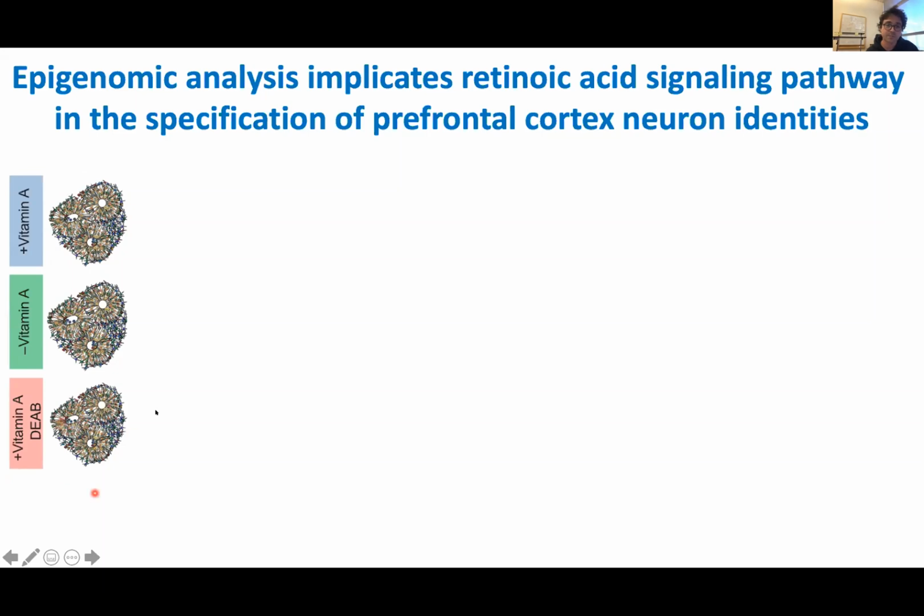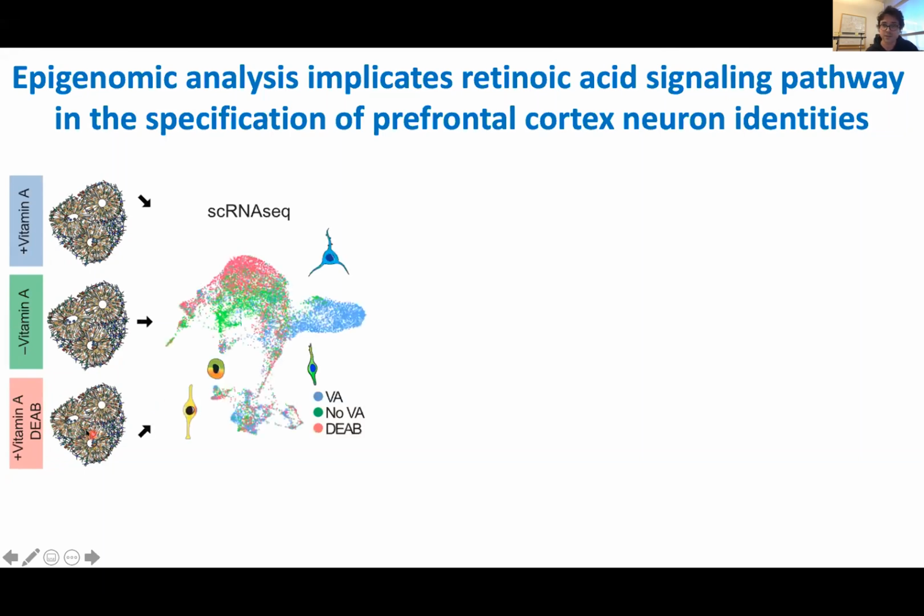We also included a control where we both added vitamin A, but also included a selective inhibitor of retinoic acid signaling called DEAB.